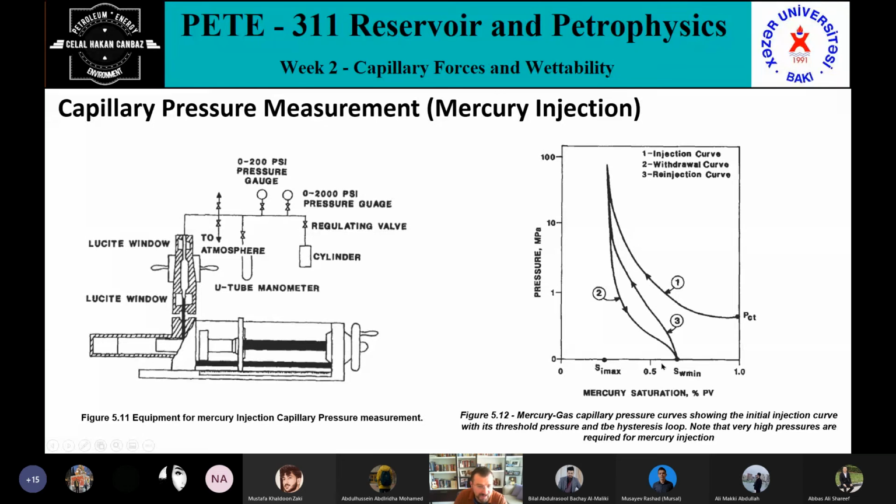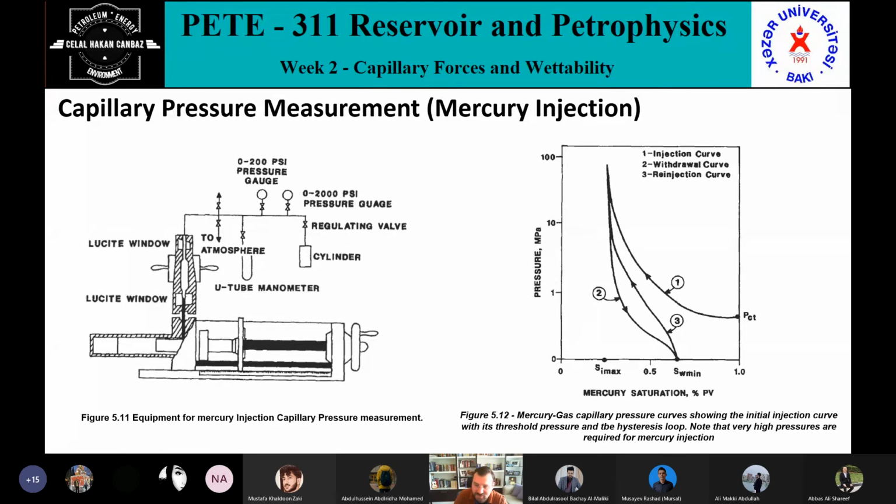The first thing in here, compared with the other method that was using capillary pressures directly, is that this one you have to apply very high pressures. Inside your plug you have to apply a very high pressure. So this is another disadvantage of this method.